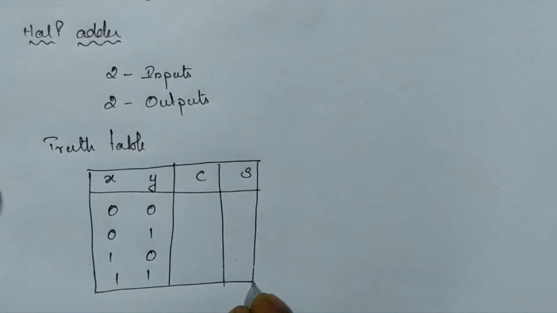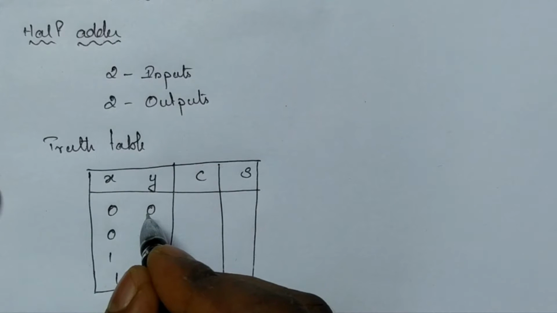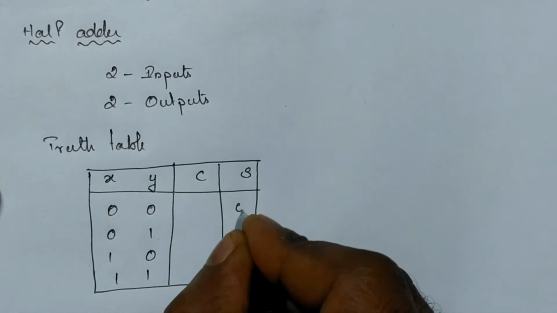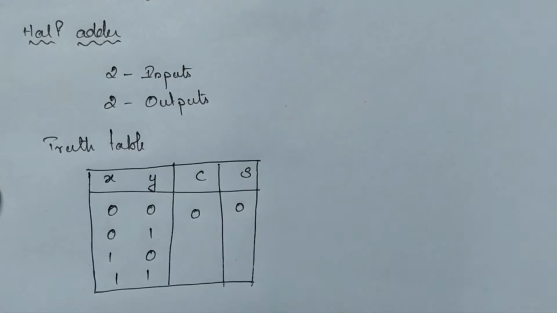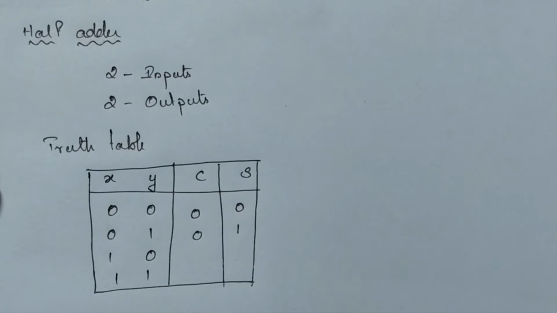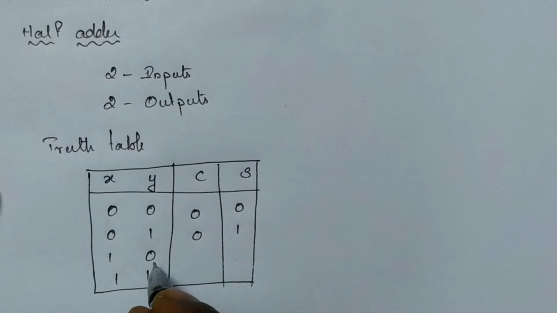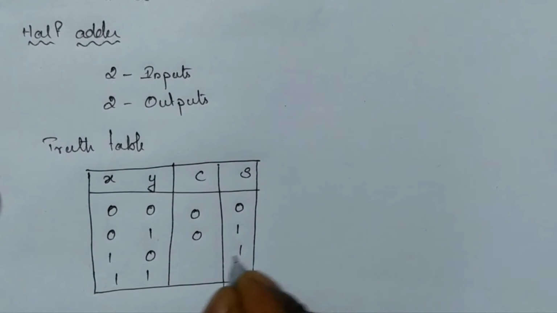These are all the possible input combinations. When both inputs are 0, sum is equal to 0 and carry also 0. If we add 0 and 1, the sum is equal to 1, carry is equal to 0. Likewise, for 1 plus 0, sum is equal to 1, carry is equal to 0.